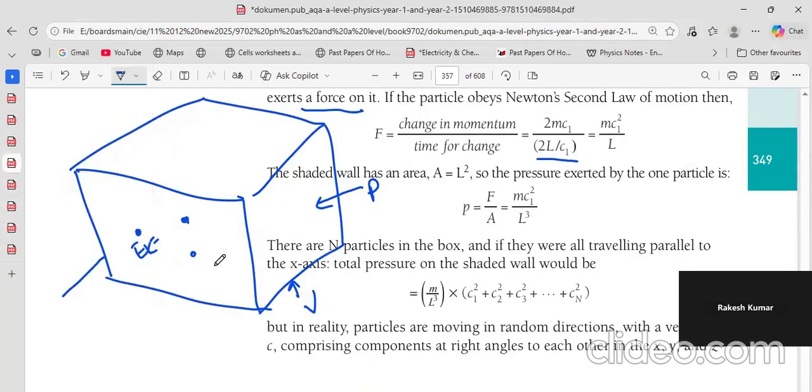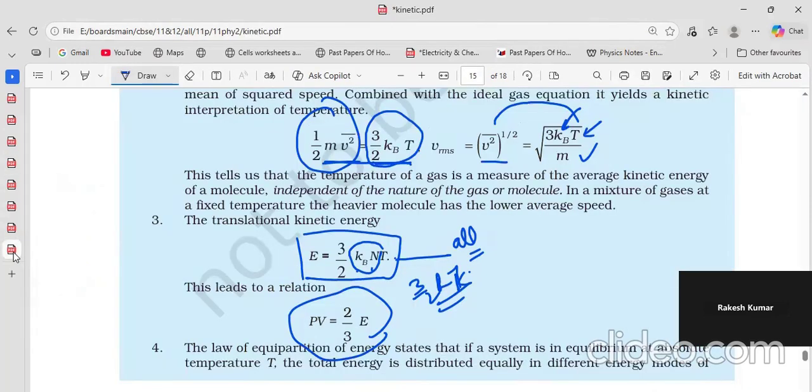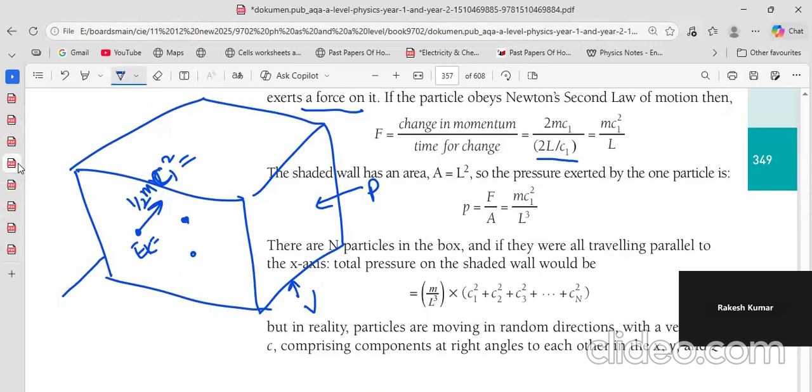The kinetic energy of each particle, half m v square, half m c1 square, is equal to 3 by 2 kBT.